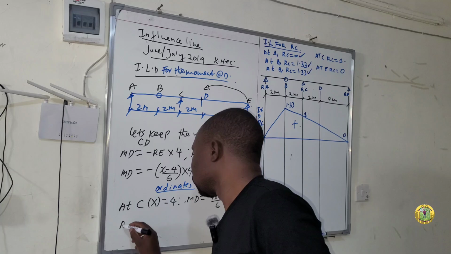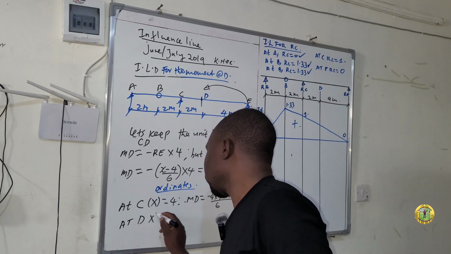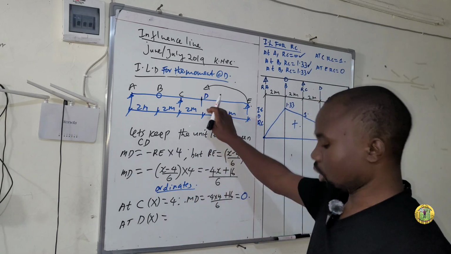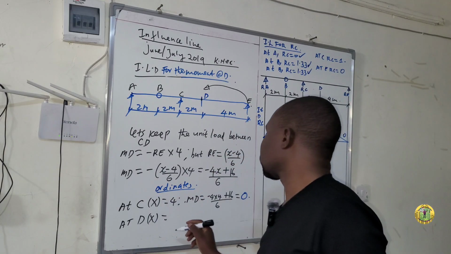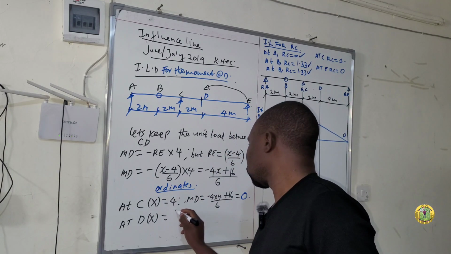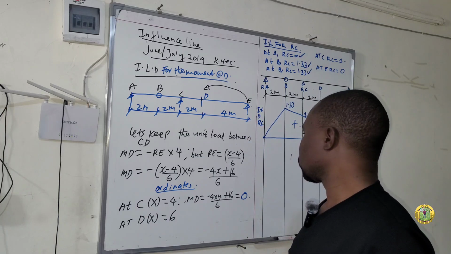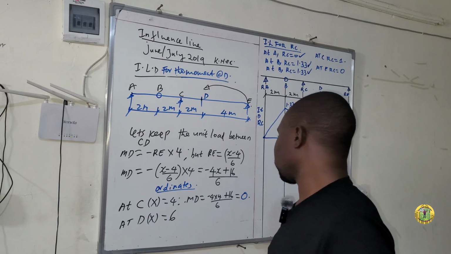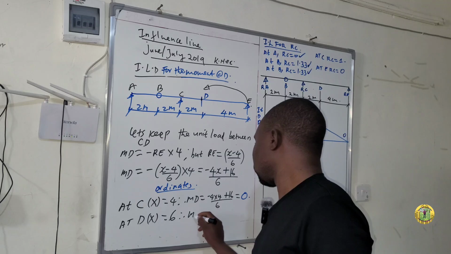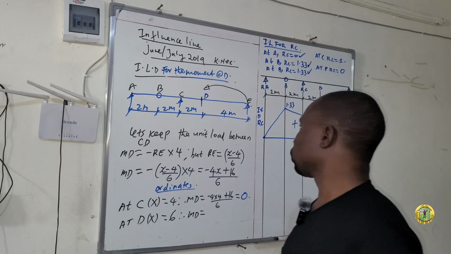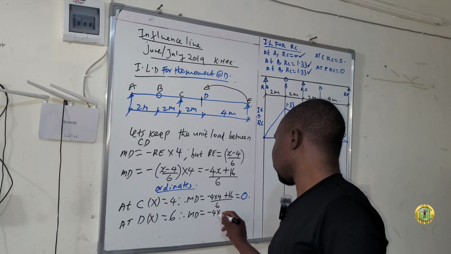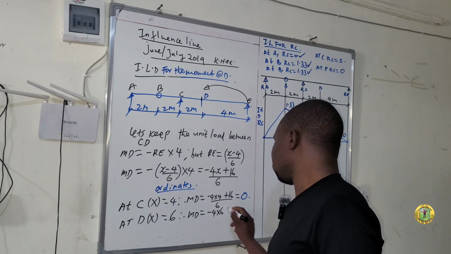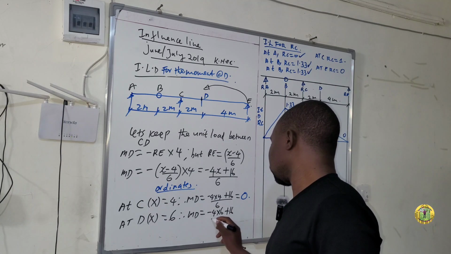At D, x is equal to 6. Therefore, MD is equal to minus 4 times 6 plus 16 all over 6.